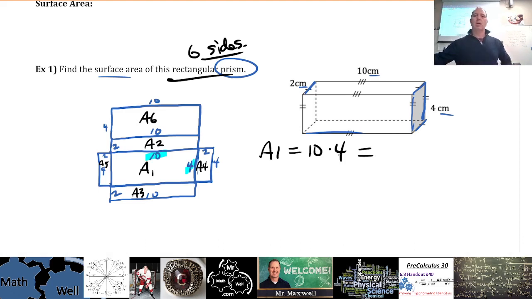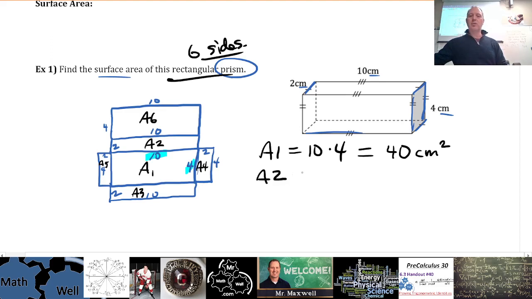Okay? And that is 40 what? Centimeters squared. Good. All right, centimeters squared. So that's area 1. Okay? Now, we have some other areas that are going to be the same, and we're going to write them all out separately now, okay, for this example.